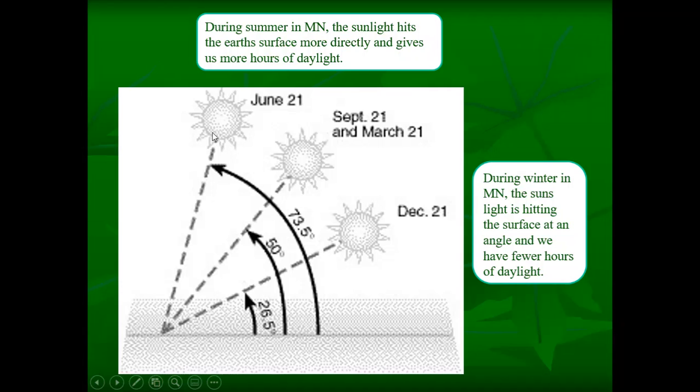So the more direct the sun is beating down on us, the hotter it's going to feel to us. All right, so let's look here. During the winter months in Minnesota, the sun's light is hitting the surface at an angle and we have fewer hours of daylight. Okay, we're going to look at that in the next slide.